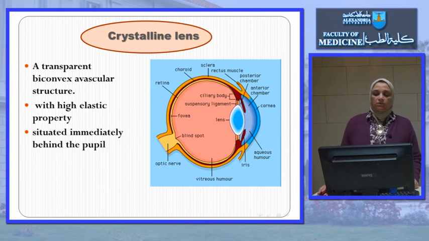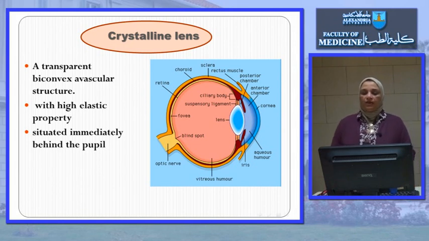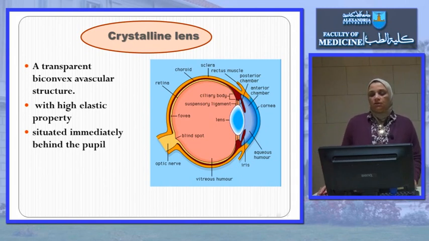Another property is its high elasticity, so it can change its curvature from being globular to being stretched and flattened. This is a very important characteristic for accommodation, for near vision and for far vision.